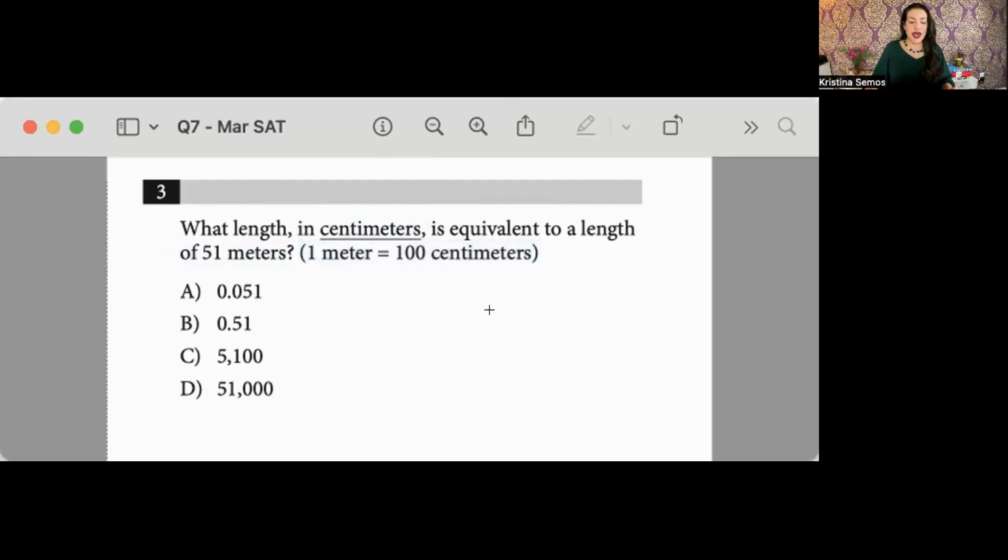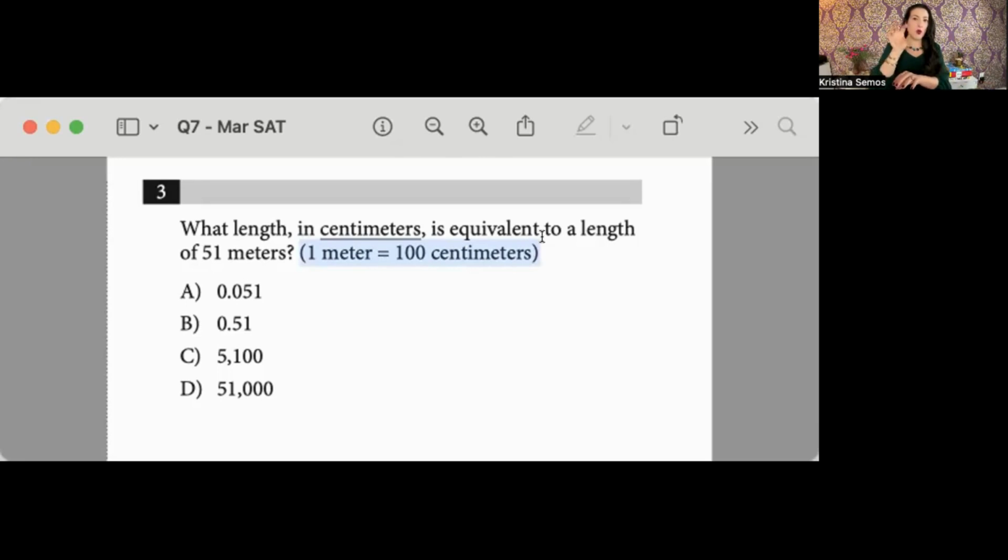So this is how I would go about this. This 1 meter equals 100 centimeters. You can think of that as a unit rate of 1 meter over 100 centimeters, right? Because each are equal. So if I multiply something by that, I'm multiplying by 1, right? Because if the numerator and the denominator are the same, then the thing has a value of 1.